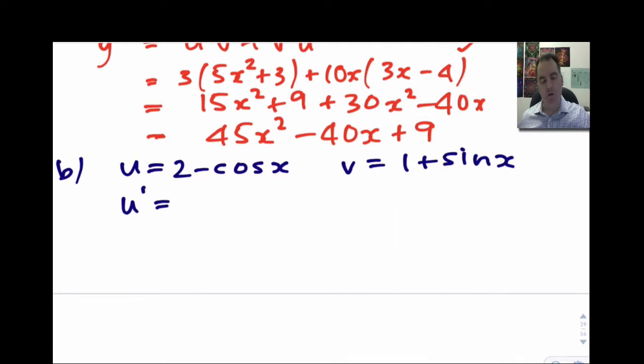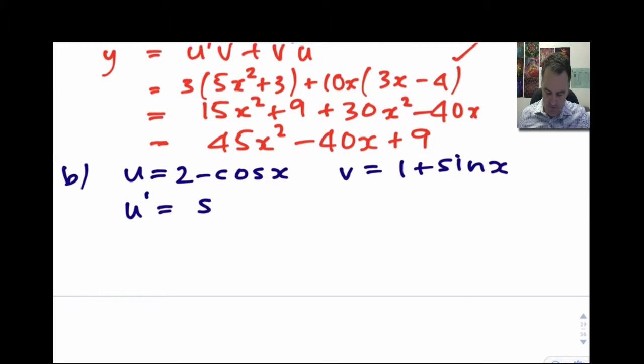The derivative of cos x is negative sin x. So the derivative of negative cos x will just be sin x. Okay, so the derivative of this one here is sin x. That took a bit of getting to. And the derivative of this one here is easy. 1 plus sin x is just going to be cos x.